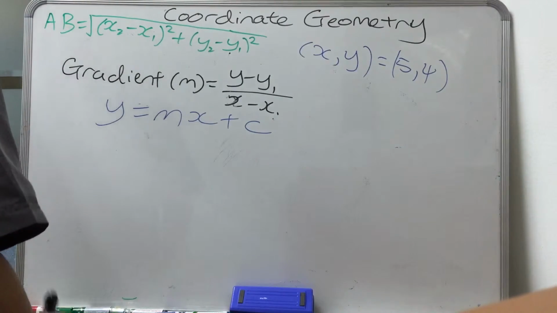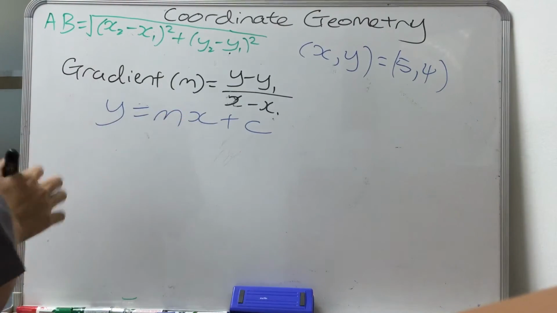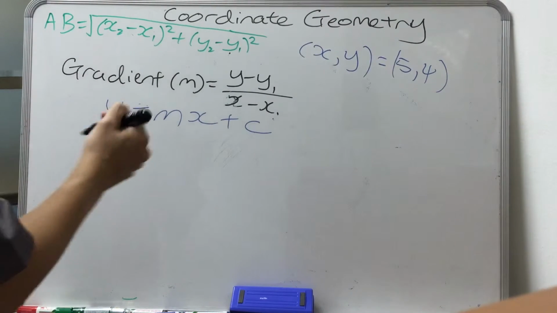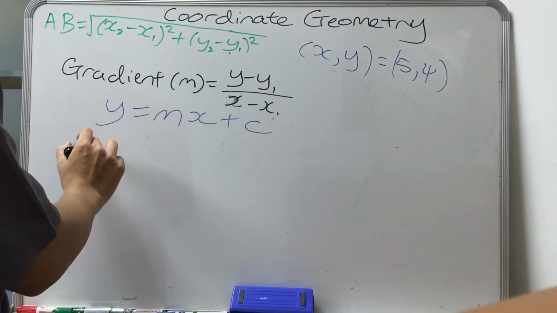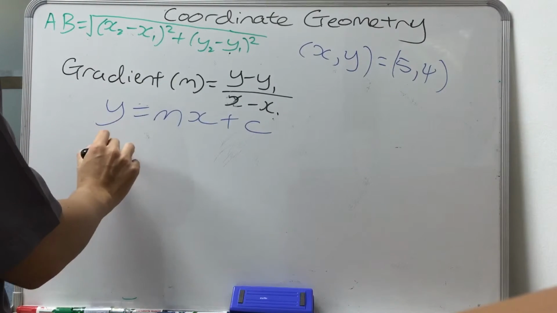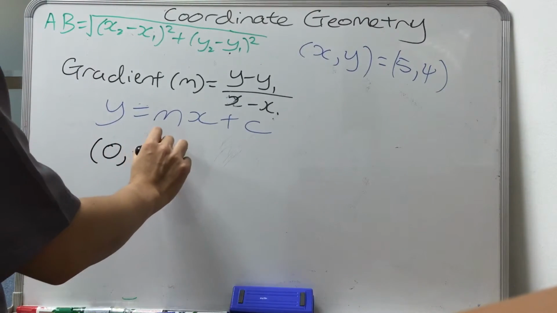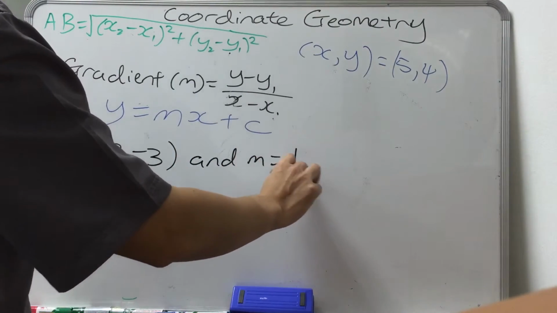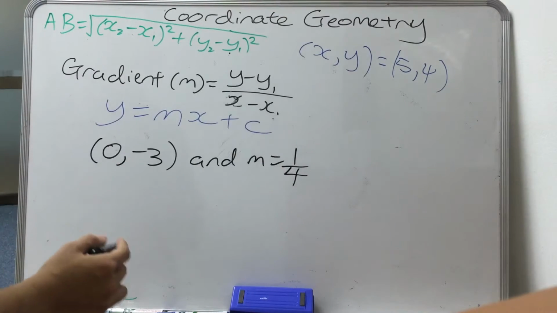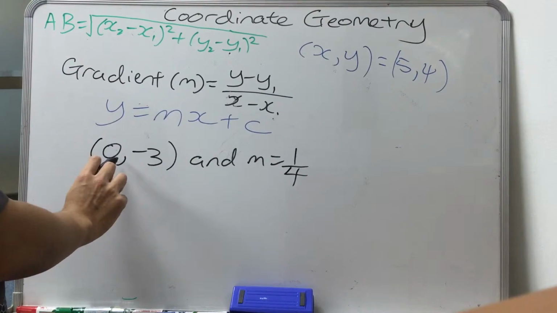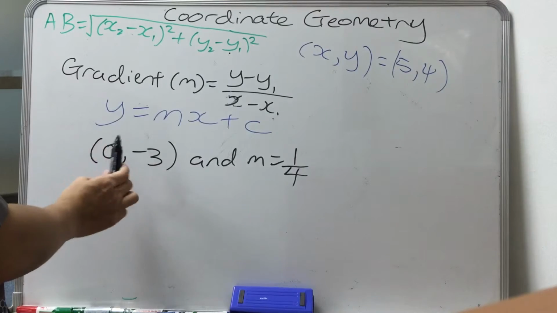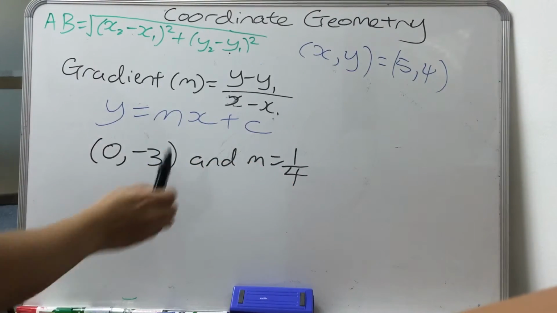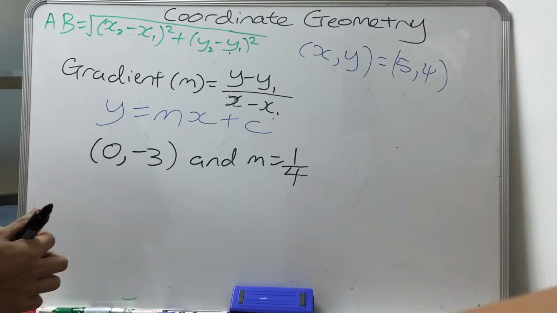Come, let's do some solving of questions related to the equation of a line. So let's say that there is a straight line that passes through the point (0, minus 3), and the gradient is 1/4. So what is the equation of this line? This is your x coordinate, this is your y coordinate, this is the gradient. We do not know what your y-intercept is.